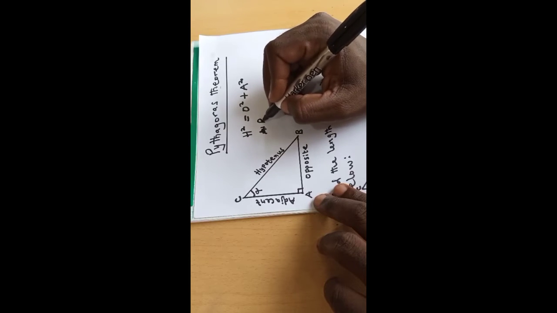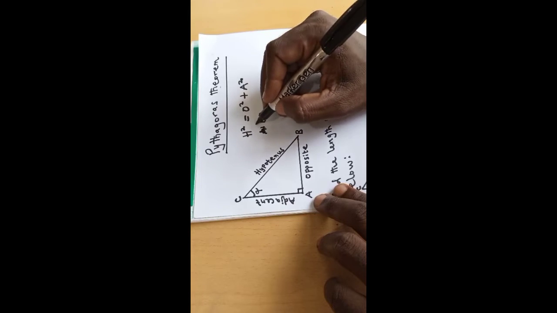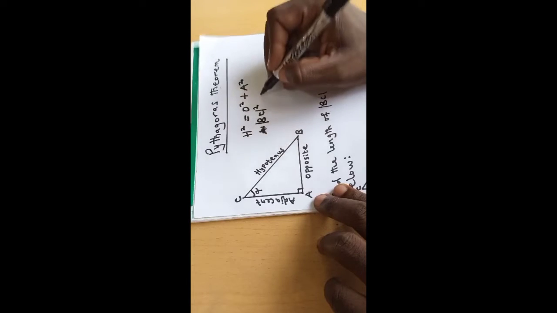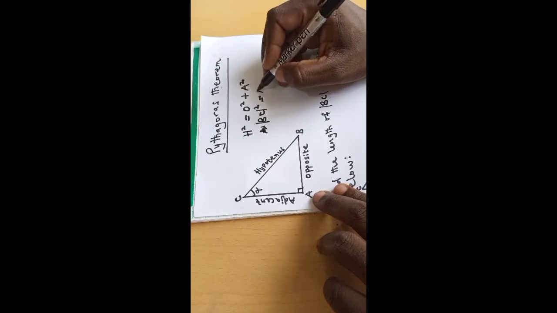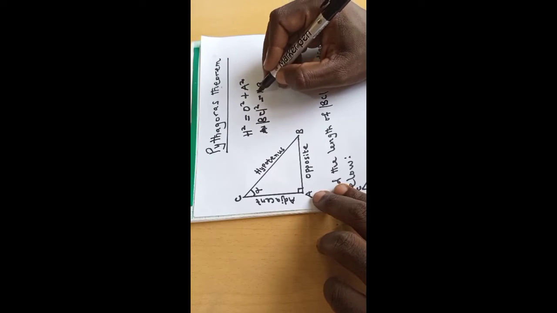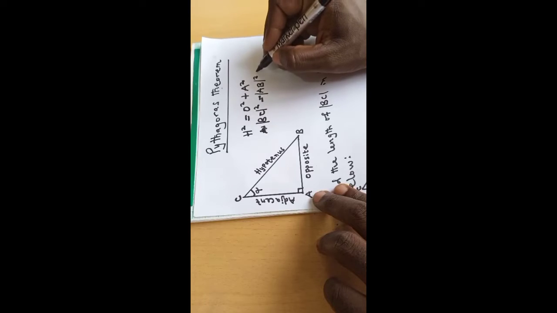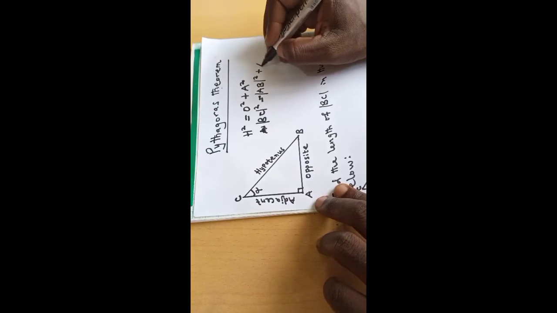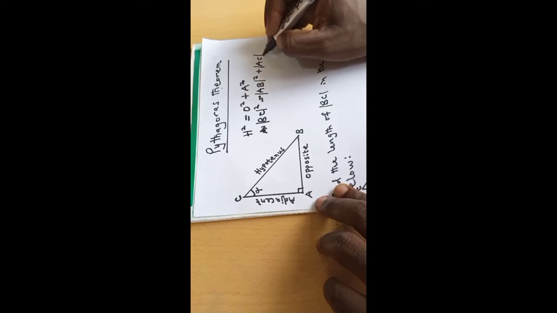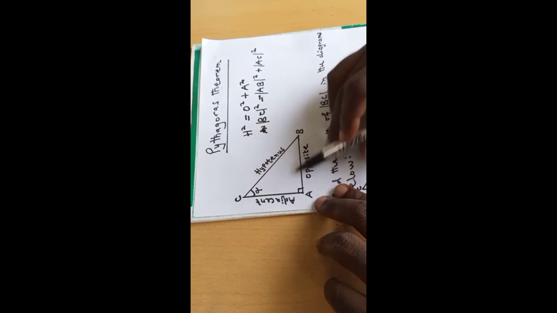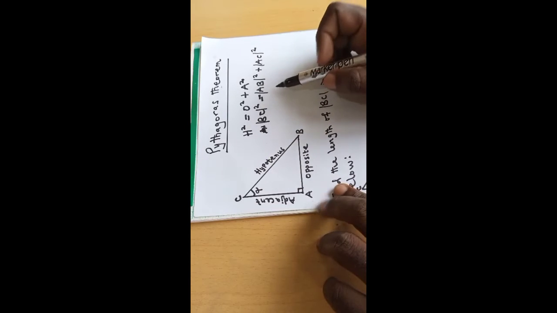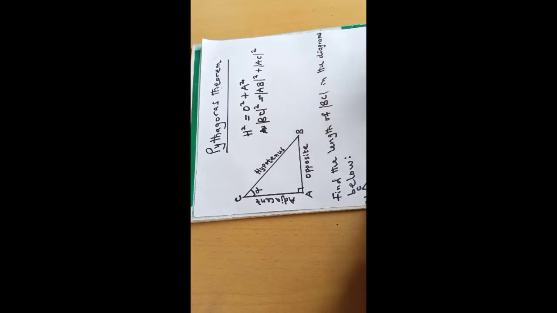Our hypotenuse is BC, so I will say BC squared must be equal to, what is the opposite over here? That is AB. So our AB squared plus our AC squared. According to Pythagoras theorem, if you are taking this right angle triangle, then that is what we are going to have.